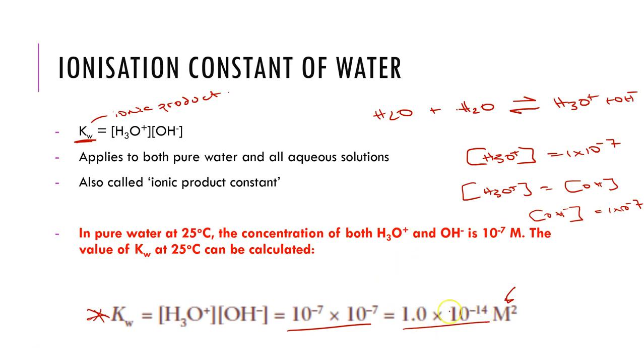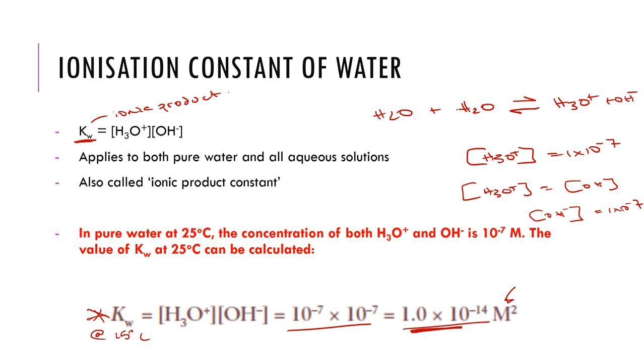But at this point in time, the main thing you need to know in year 11 is that at 25 degrees C, when we multiply the concentration of H3O+ and OH- together, we get 1 times 10 to the negative 14. This applies to pure water and aqueous solutions, and we call this the ionic product constant, or the ionization constant of water, Kw.